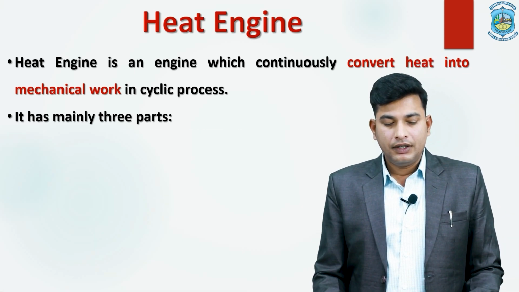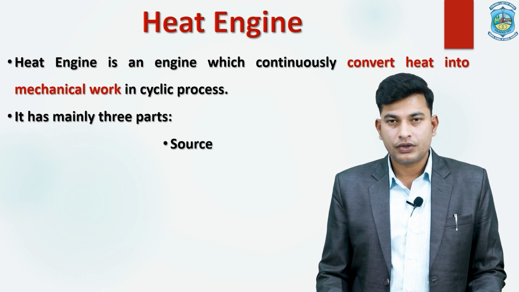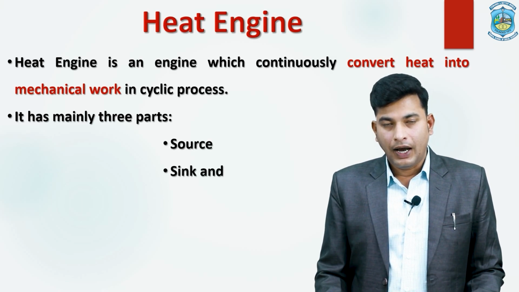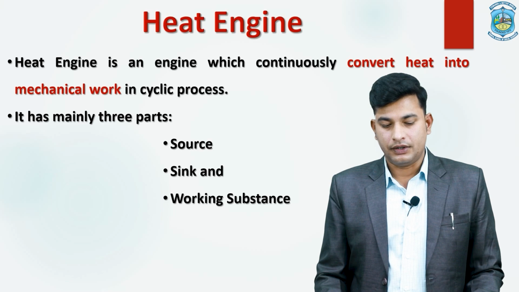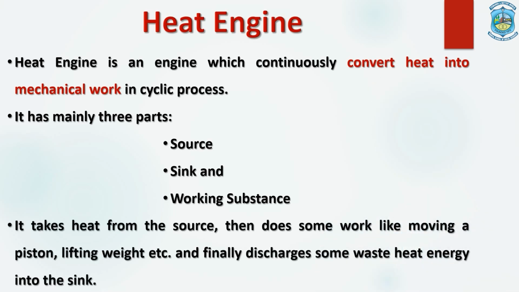It has mainly three parts, that is the source, followed by the sink, and lastly the working substance. Thus this heat engine takes heat from the source, then does some work like moving a piston, lifting weight, etc., and finally discharges some waste heat, or rejected heat, towards the sink.